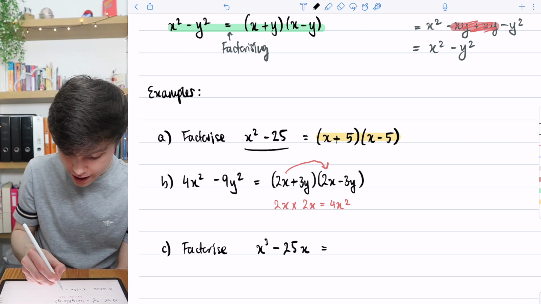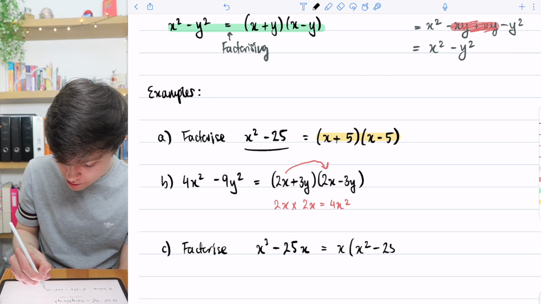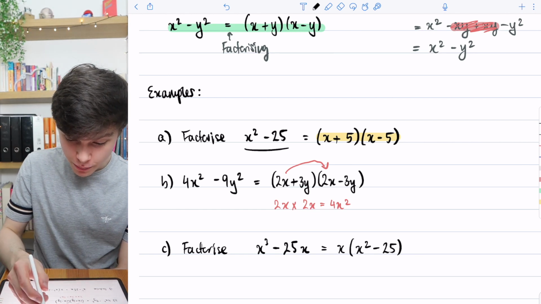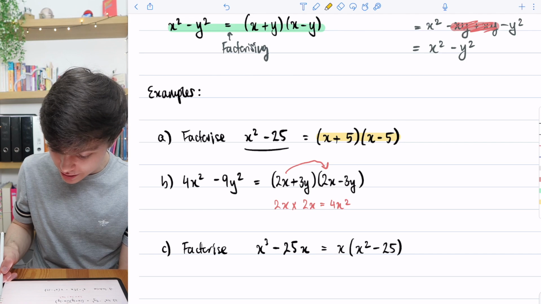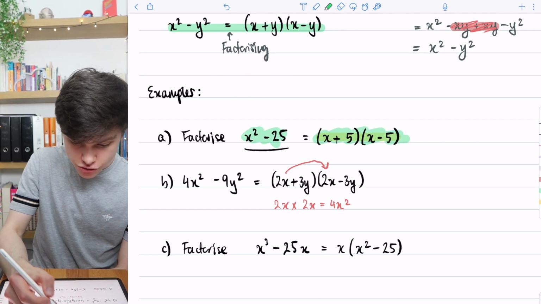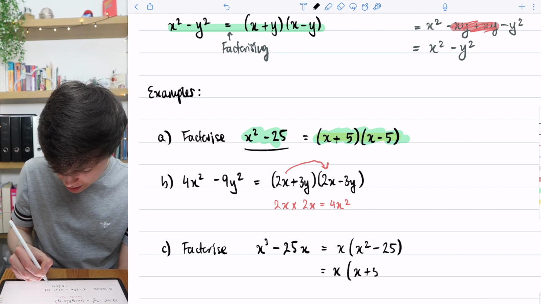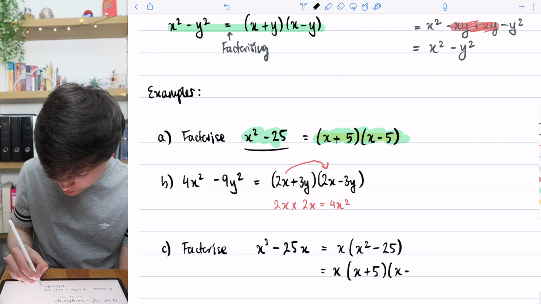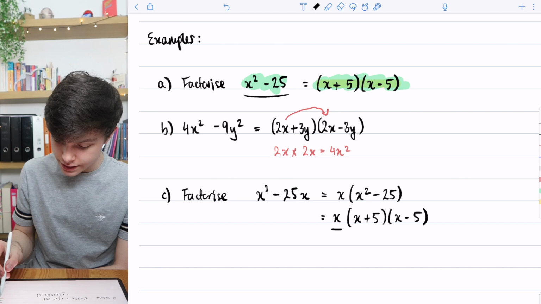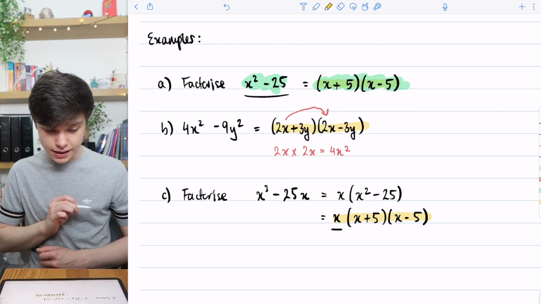So straight away I can factorise out an x to give me x squared minus 25. Right, then, well, we've already done that in part A. We can see there in part A that we factorised to get that. And so all I need to do is just multiply that by x. So we know that x squared minus 25 simplifies to that, and then multiply the x on the outside. And I should have highlighted that in yellow, and also that in yellow.